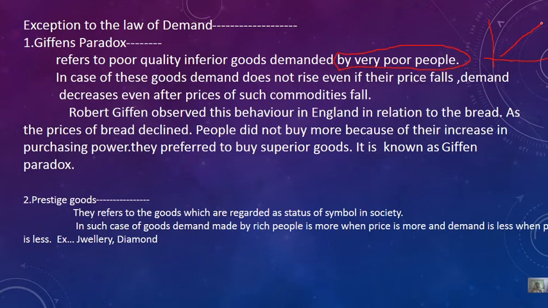So Robert Giffen, in the 19th century, Sir Robert Giffen in England noticed such exceptional behavior in respect of such inferior quality goods, which are demanded by very poor people in the society. Sir Robert Giffen observed this behavior in England in relation to the demand for bread.